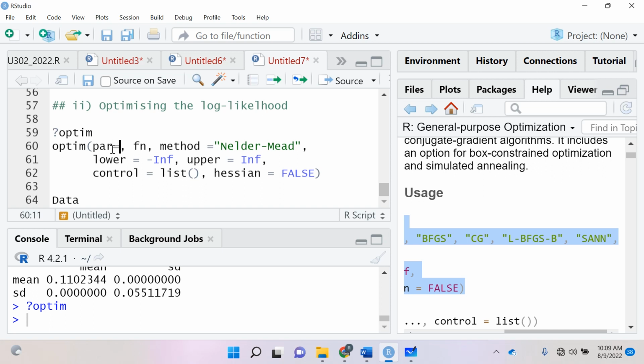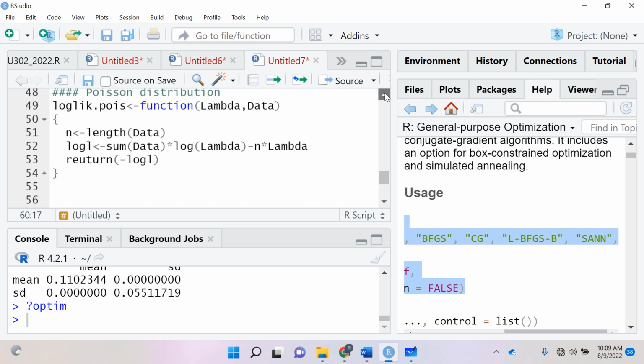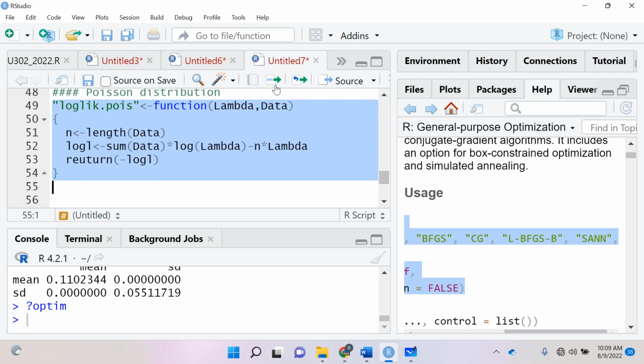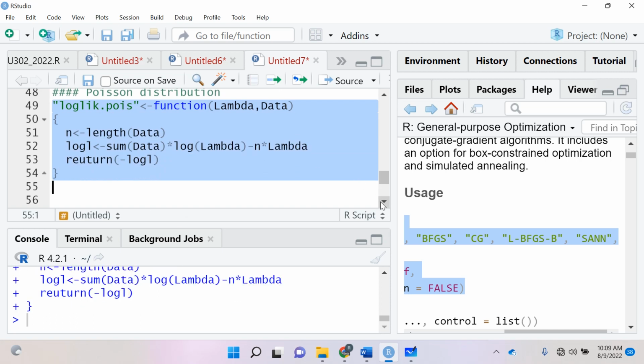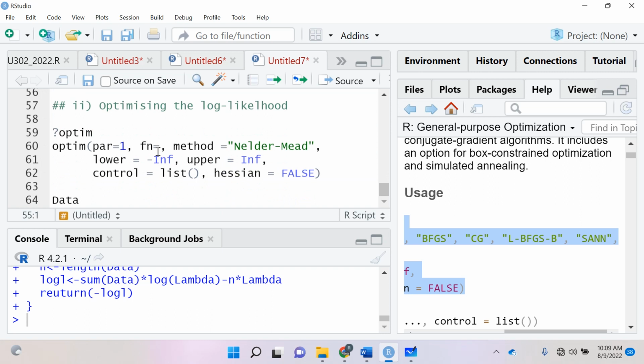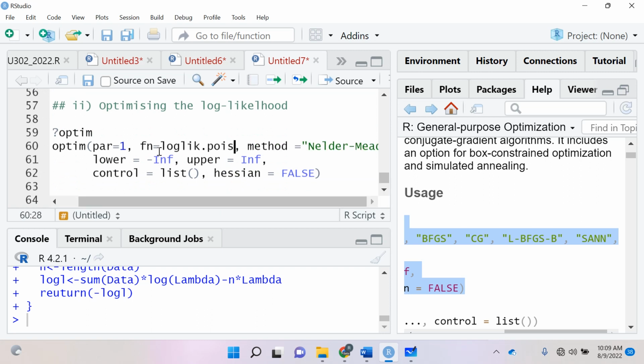So my parameters, I can say, let me start from 1, right? Then the function that I want to optimize is loglike Poisson, right? This one I must put in quotation marks so that it is applicable in the global environment, and then I run it again. So the function that I want to optimize is this one.